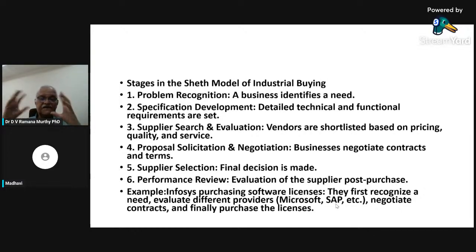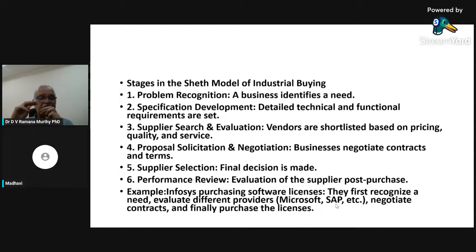If you just ask for a tire or something, the supplier will ask you what dimensions, what type of quality you want. Is it not? So the second stage here is specification development. The company itself has to clearly detail out the technical specifications and the functional requirements for that particular product. That gives a clear signal and clarity to the supplier to supply. Is it not?